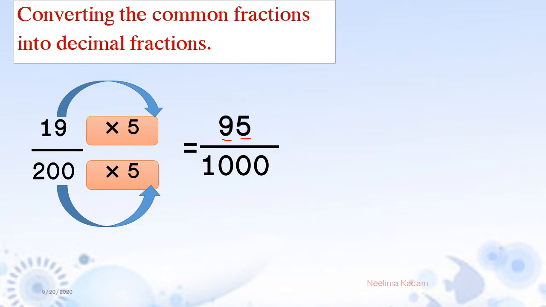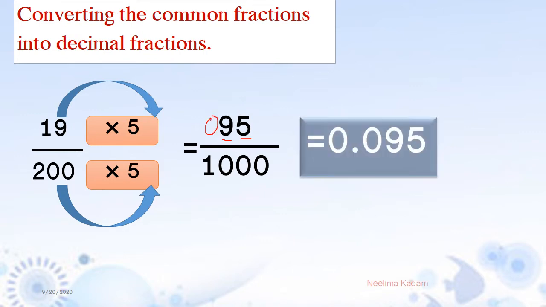Only 2 numbers are there, but we want the decimal point after 3 numbers, so we have to put one more zero over here. So the answer will be 0.095. Okay, now here 3 numbers are there, so 1 2 3, but the third number is not there, so we have to place here 0 and then the decimal point.